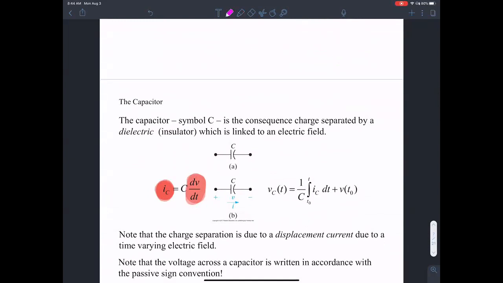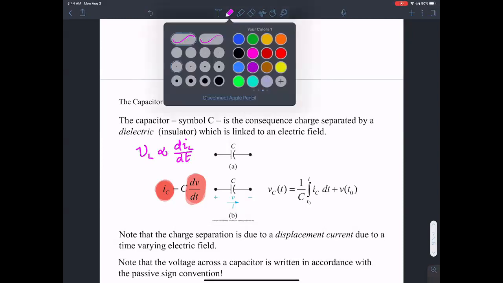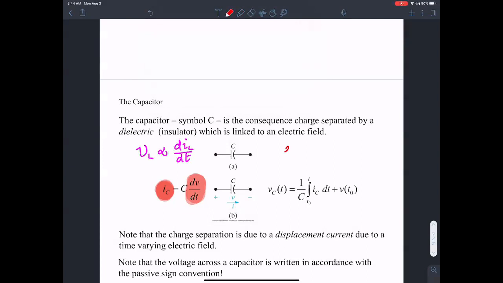In the case of an inductance, the voltage was proportional to the time derivative of the current. On the other hand, the current of a capacitance is proportional to the time derivative of the voltage. That's the idea.